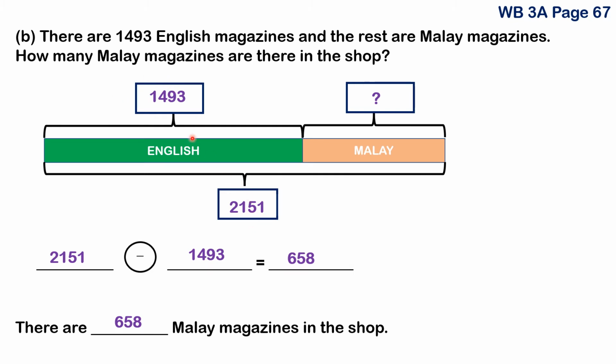So now we know that there are 1,493 English magazines, and we want to find out how many Malay magazines there are. So we need to subtract the total number of magazines, which is 2,151, minus the number of English magazines, which is 1,493, to get 658. So there are 658 Malay magazines in the shop.